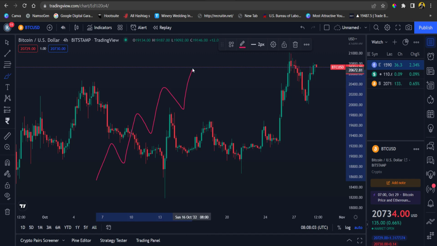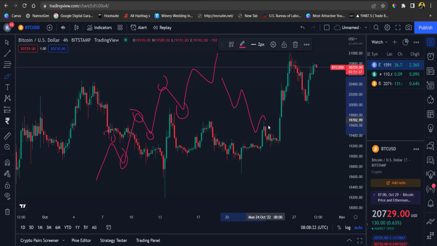Okay, we have trends, where we can have a series of higher highs and then a series of higher lows. These are higher highs and then we have higher lows right here. Okay, this is very basic so that you can understand exactly what we're doing. And then we have a downtrend where we have a series of lower highs and lower lows. This is our lower high, and then this is our lower low.